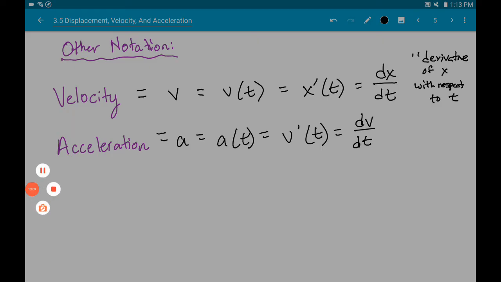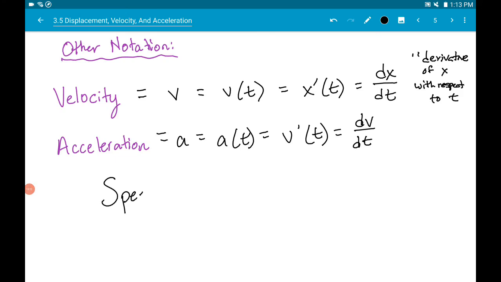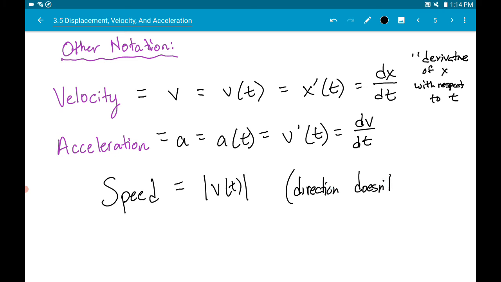The last thing I want to say about here in the last minute is just the idea of speed. If you're not taking physics especially, speed is the absolute value of velocity. Speed, the direction doesn't matter. If you are parking your car in your garage or a parking spot and you pull into the spot, you're going forward. Your velocity would be positive.